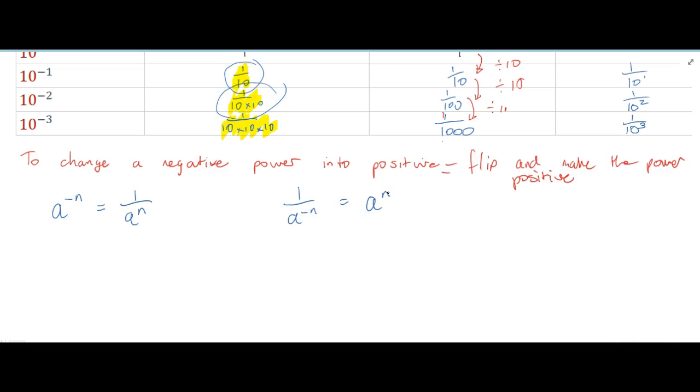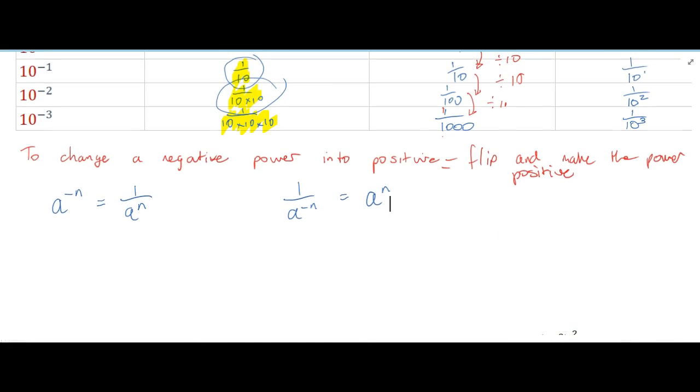I'll show you a couple of examples, because it works just as well for variables. If I had x to the power of negative 3, for example, I want to get rid of that negative. In general, when you give an answer in maths, try to give it as a positive power, just to keep things neat and tidy.